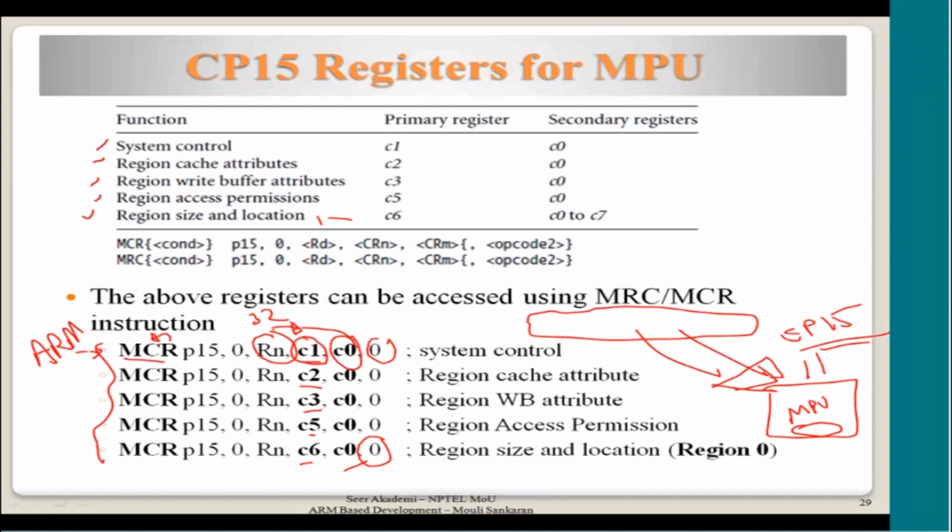So actually these instructions are fetched by ARM, and the job is done by the MPU. It is not that ARM is doing the job, but ARM has to provide the value. When this instruction is executed, it transfers the content from whichever register it has mentioned. So ARM has to provide that content out, and the MPU will read it.